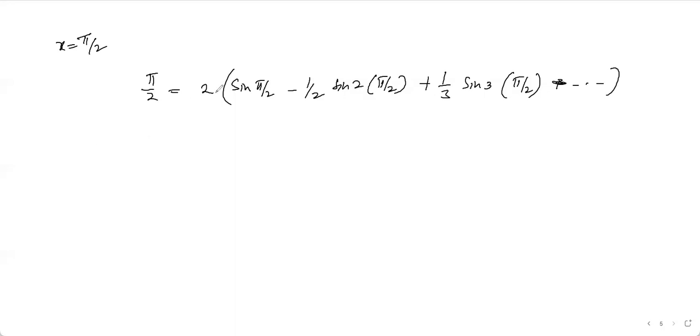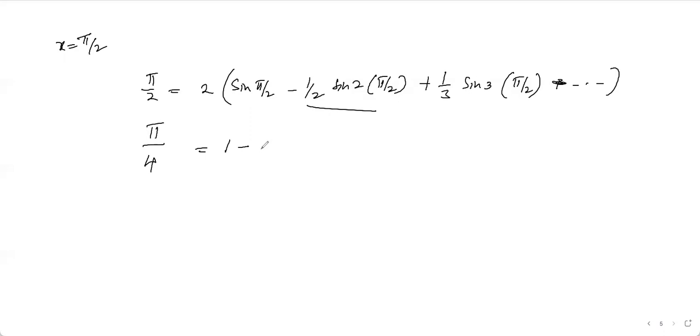If you bring down the 2 to the other side, this would be pi by 4 on the left hand side. Sine pi by 2 is 1, and the second term will be 0.